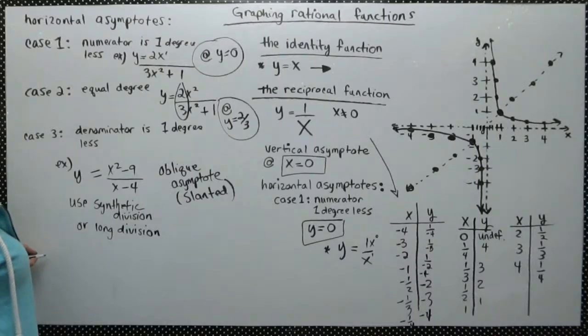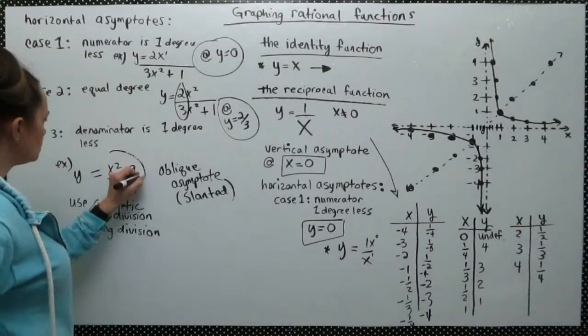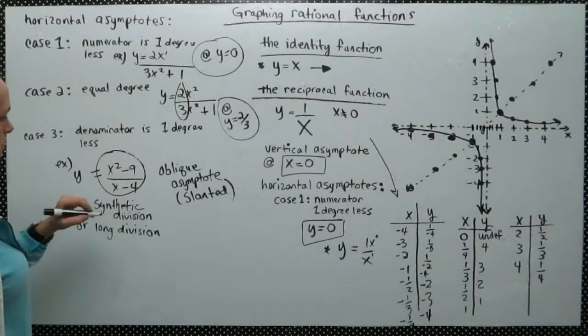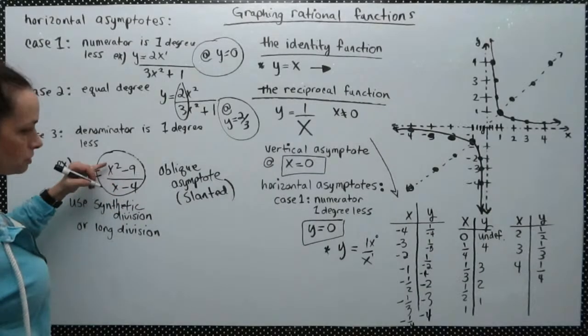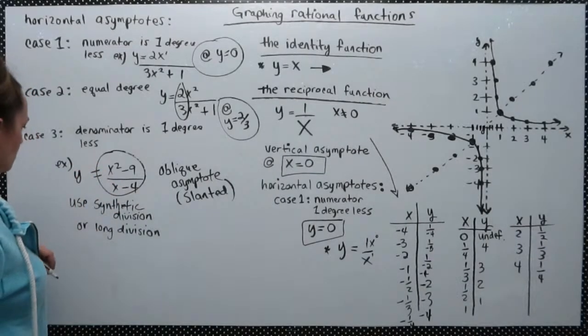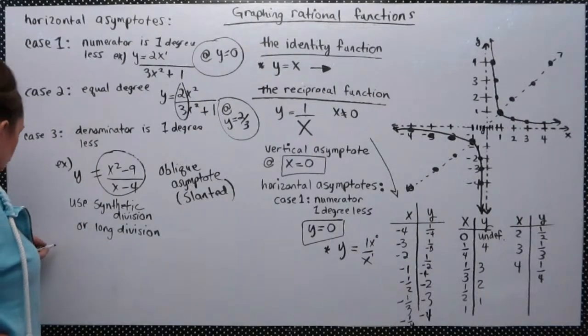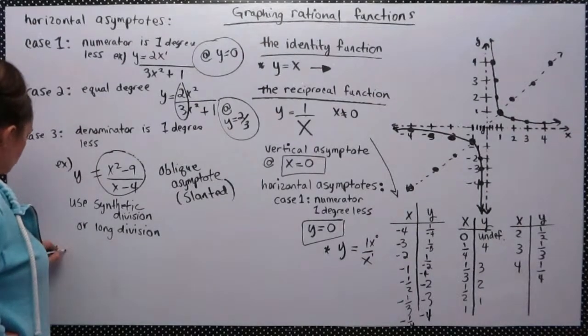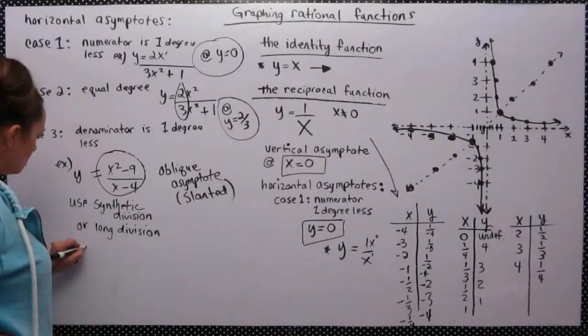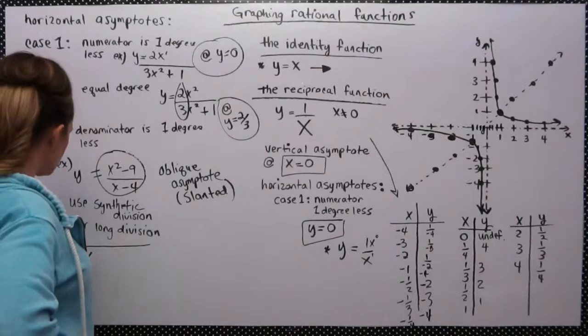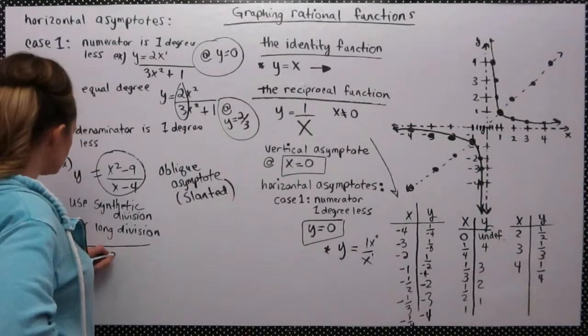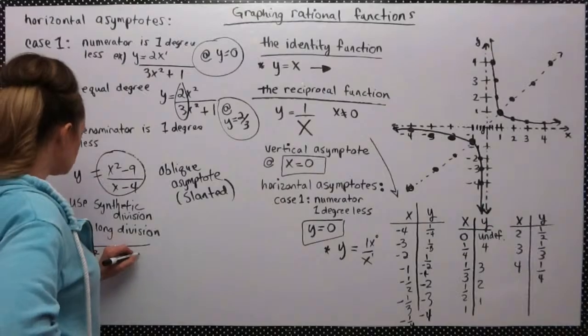What you've got to do is you take your denominator. What you're doing is you're dividing these polynomials. So let's see, x minus 4. We're going to divide it into x squared plus 0x minus 9.